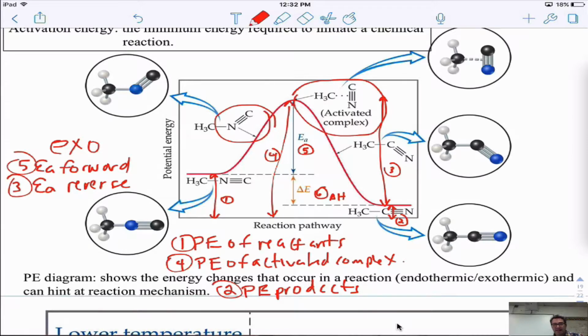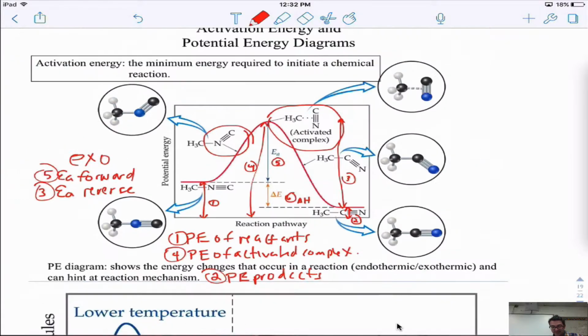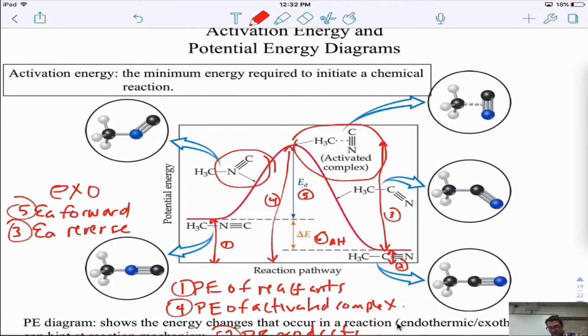Activation energy, as I define it at the top here, is the energy required to initiate the reaction, and that's what we're talking about here. We start off as a reactant, we put energy into the reaction, it causes the breaking of this bond. That's the activation energy to get that reaction going.